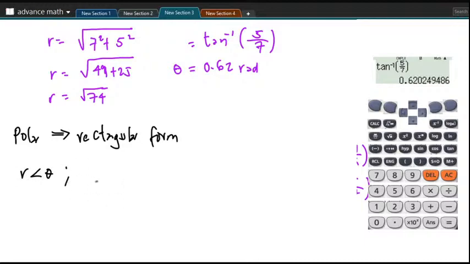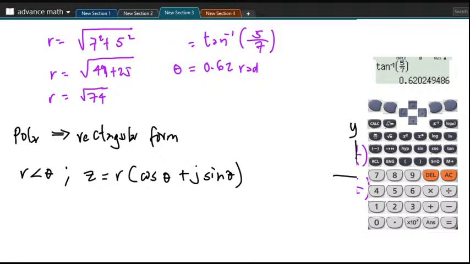The way of converting that is z, which is the notation for our complex number, equals r times cosine theta plus j sine theta. This is how we convert to rectangular form, because of this r cosine theta, if we go back to our x and y coordinates.